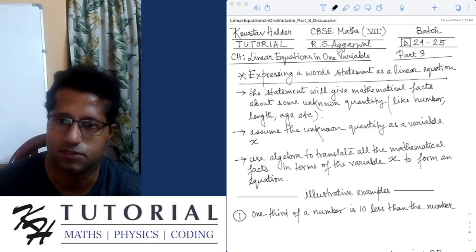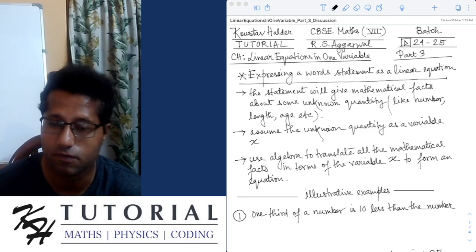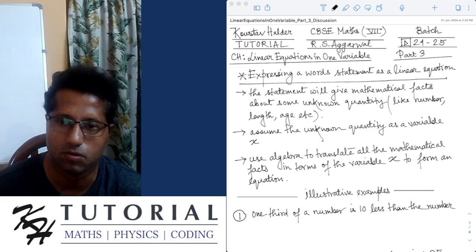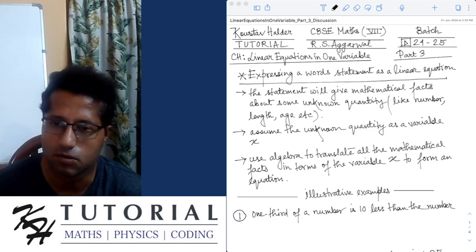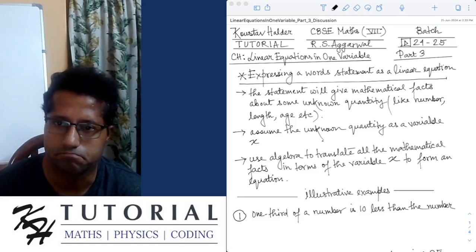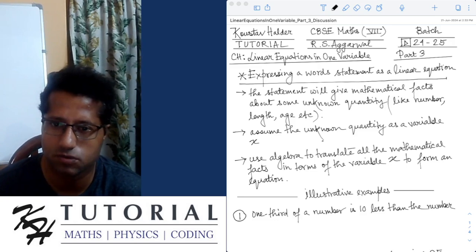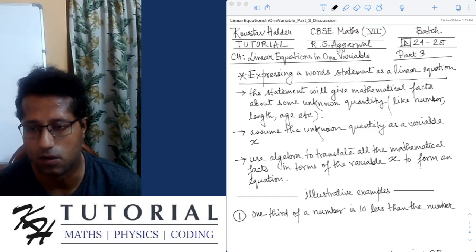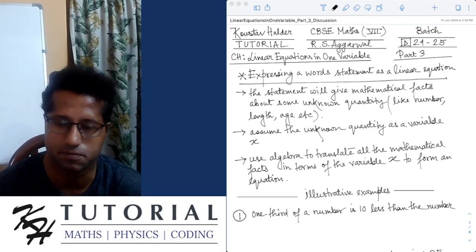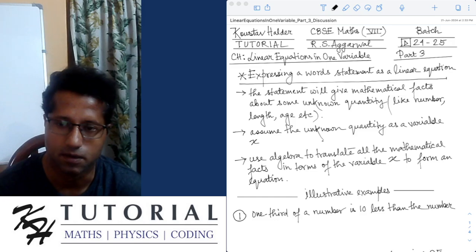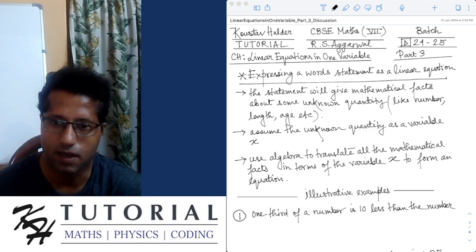Since this chapter is about linear equations in one variable, all the word statements will have a single unknown quantity. Now around that single unknown quantity, you will be given some mathematical facts, and using those facts and the concept of algebra, like you have studied in algebraic expressions, how to form algebraic expressions from a word statement. So using that concept, you will have to frame the equation.